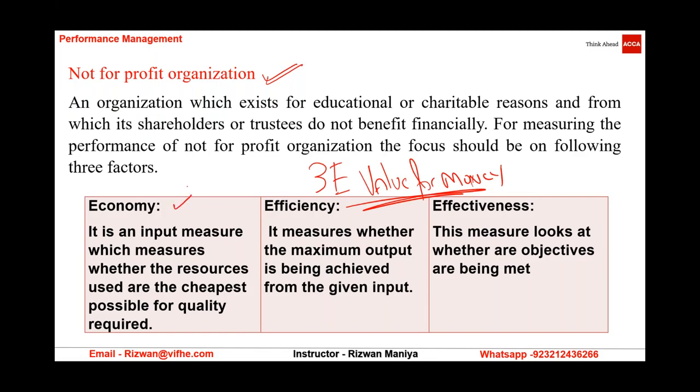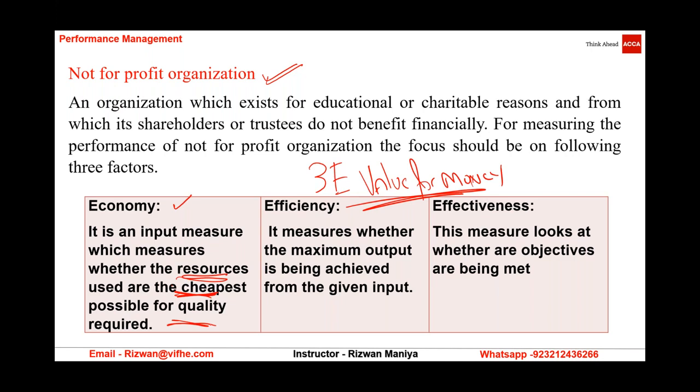What is economy? Economy is an input measure. The resources that an organization inputs are the input resources. It measures whether the resources used are the cheapest for the required quality. So economy says that whatever input you are making in the form of your resources, that input should be the cheapest for the required quality.